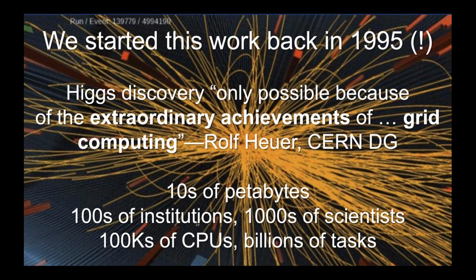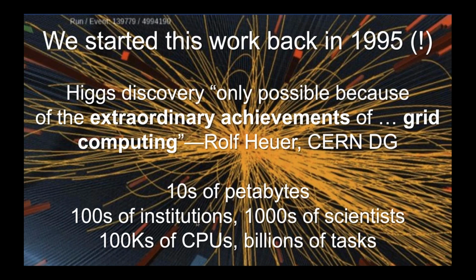So the first version of what we came to call Globus was built for that purpose, in fact, distributing data from scientific, in particular physics experiments. The resulting system, as Rolf Heuer, the CERN Director General, said, played an important role in the discovery of the Higgs boson.